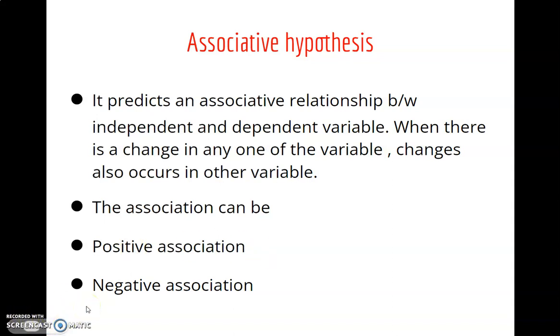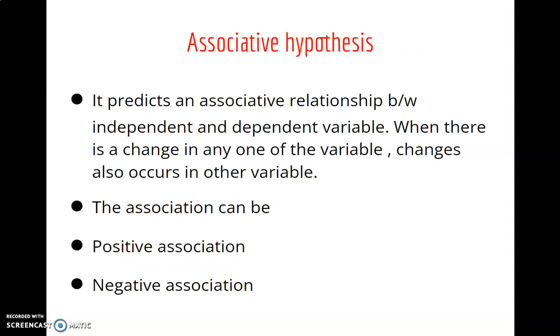So in this, the positive association is given, so we call it as a positive associative hypothesis. So if you give a negative association, then we call it as a negative associative hypothesis. For example, the decreased IPR will lead to decreased student performance in the examination. So this is a negative associative hypothesis.